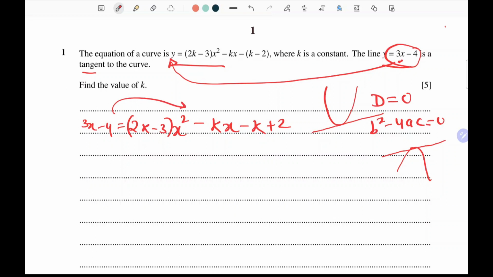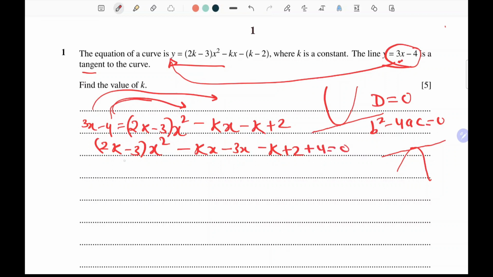Now we can shift everything to the right side to make a complete quadratic equation. So that is (2k minus 3)x squared, minus kx, and now this 3x, when we take it to the right side, is minus 3x. Now this is minus k plus 2, and this minus 4, if we shift to the right side, will be plus 4.